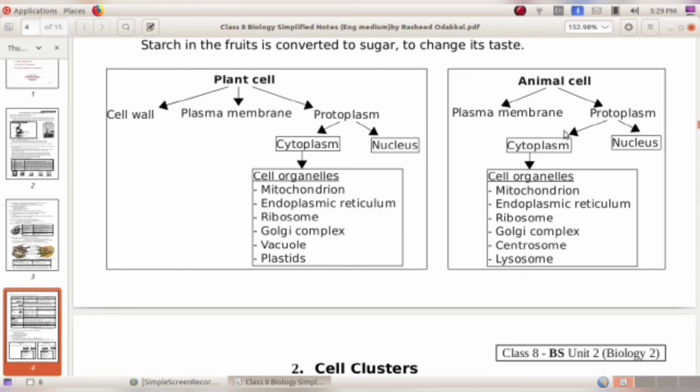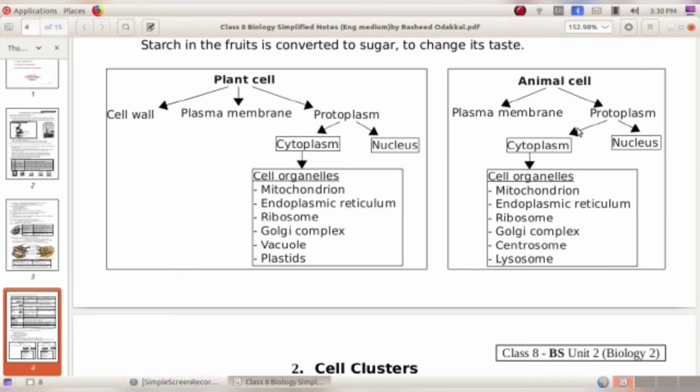It contains plasma membrane and protoplasm. Protoplasm can be divided into cytoplasm and nucleus. Cytoplasm contains cell organelles, that is mitochondrion, endoplasmic reticulum, ribosome, Golgi complex, centrosome and lysosome. Here vacuoles and plastids, here centrosome and lysosome. Other cell organelles are common in plant cell and animal cell.